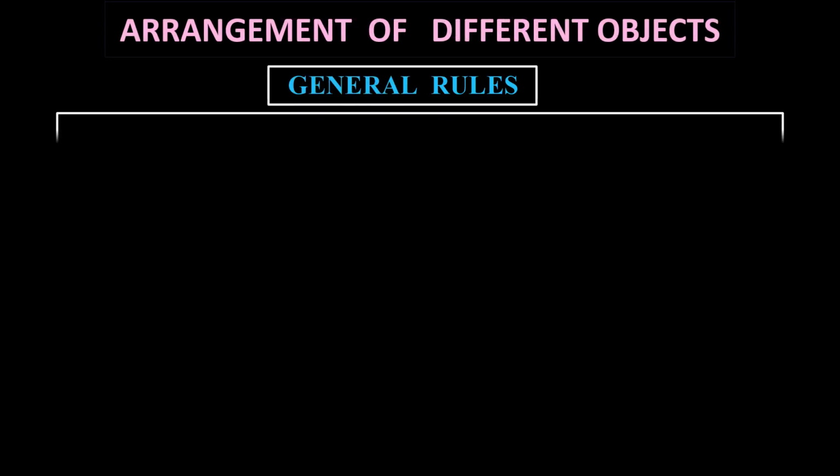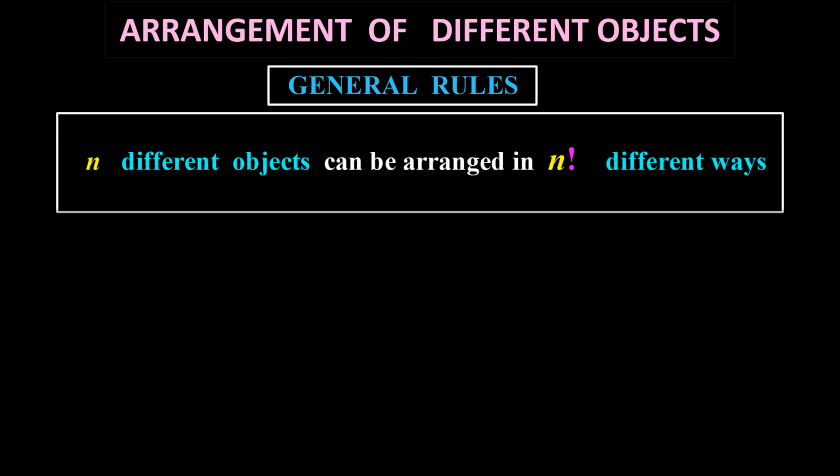Now, based on those two examples, we can then generalize. If we have n different objects, and it's important they must be different, they can be arranged in n factorial ways, right? For example, if I have 20 different objects and I want to arrange all 20 of them, they can be arranged in 20 factorial ways.